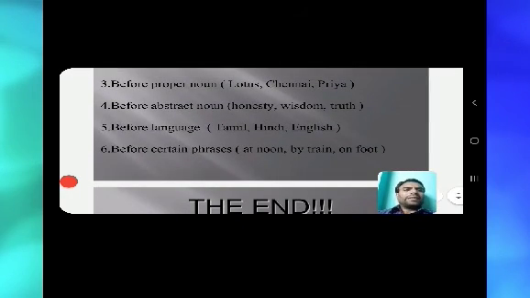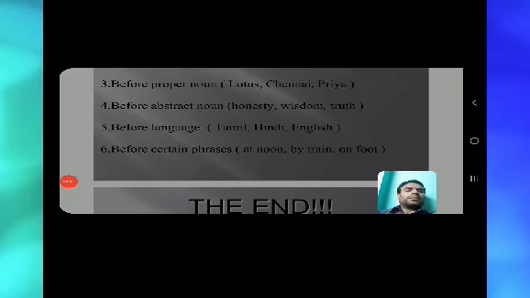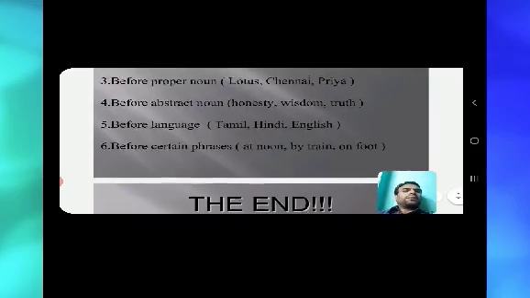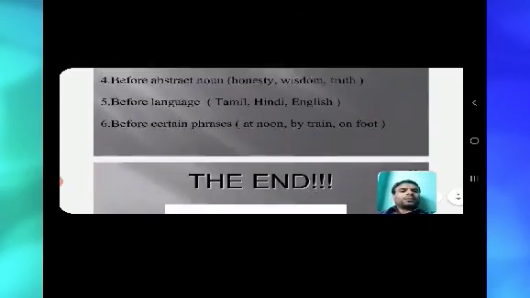And before languages like Tamil, Telugu, Hindi, English, we should not use any articles. Before certain phrases like at noon, by train, on foot, such phrases should not take any article.